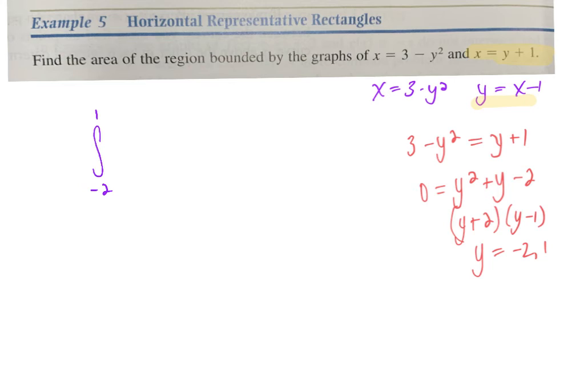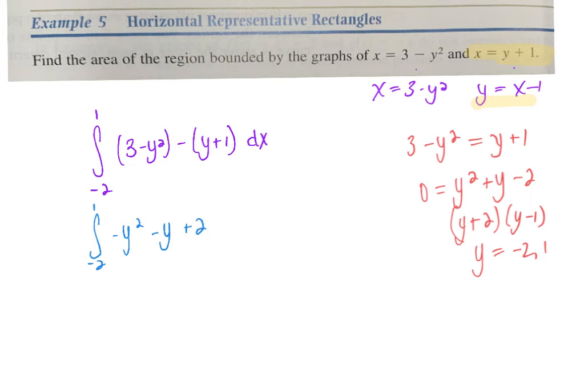If I plug in a 0 here, I get 3. If I plug in a 0 here, I get 1. So I know I'm going to have the 3 minus y squared first and the y plus 1 second. And so when I integrate this, you can simplify it first, obviously: negative y squared minus y plus 2, because I subtracted the other way over there.